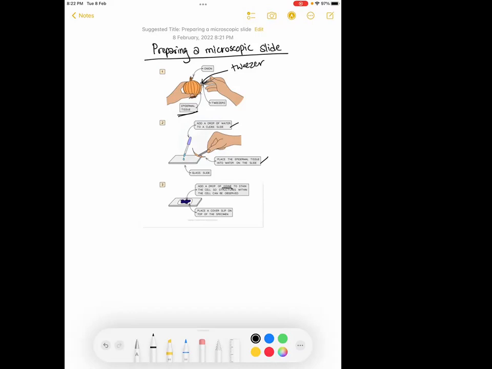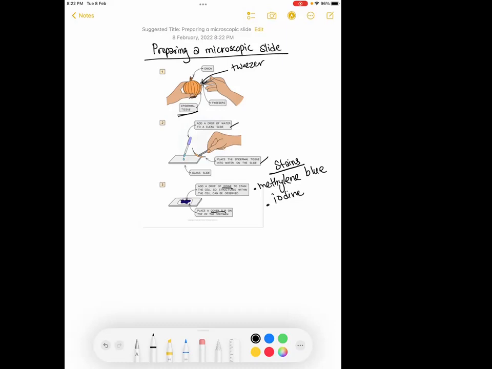You could also use methylene blue. So these are the common stains, iodine and methylene blue. And then basically place the cover slip. That is the last step, placing the cover slip.